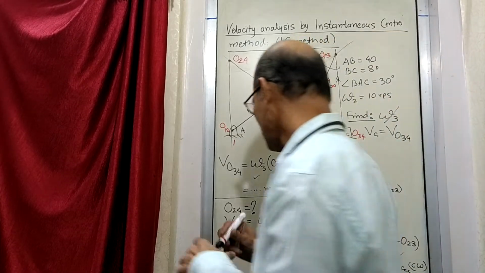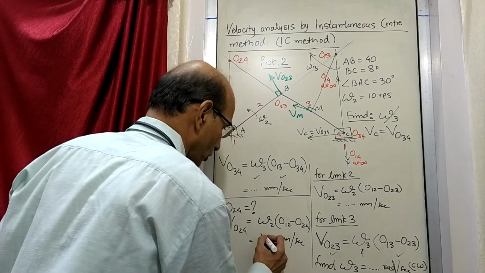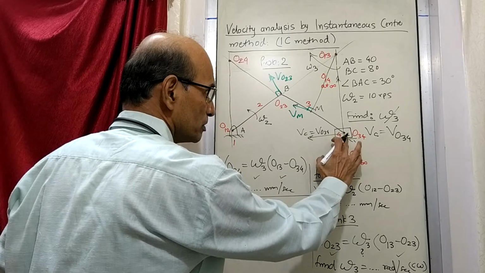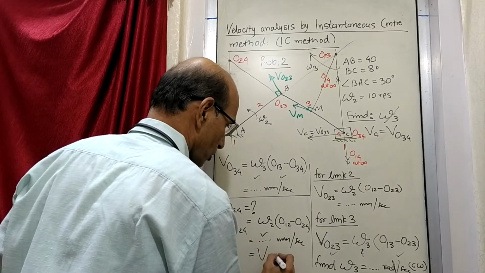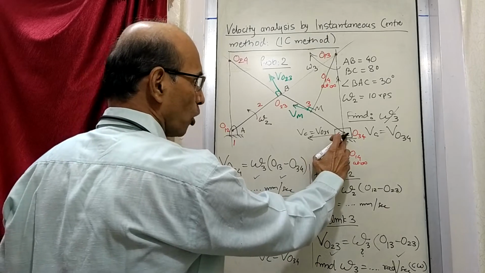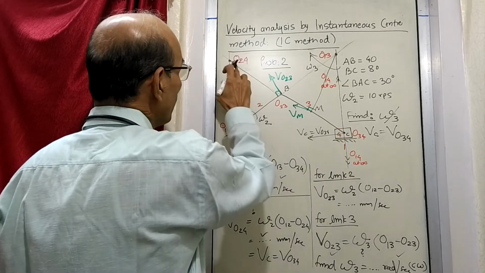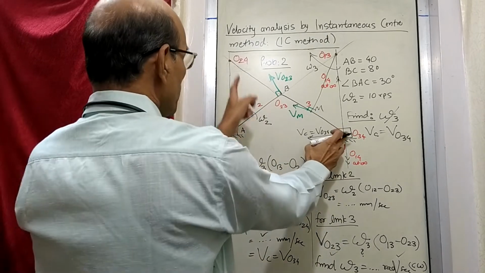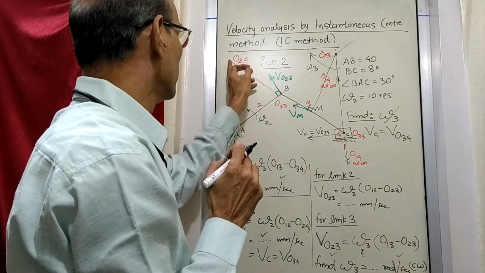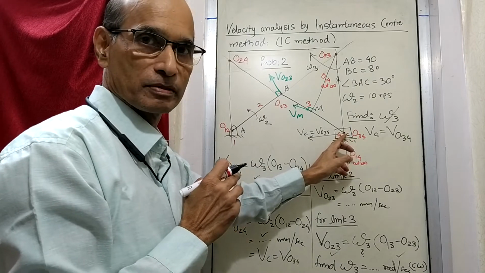That means velocity of 24 which you have already found out can be called as velocity of point C or velocity of point 34. So this point 34 which is point C and velocity of 24, the velocity of both these points is same. Whatever is the velocity of this, same is the velocity of this.